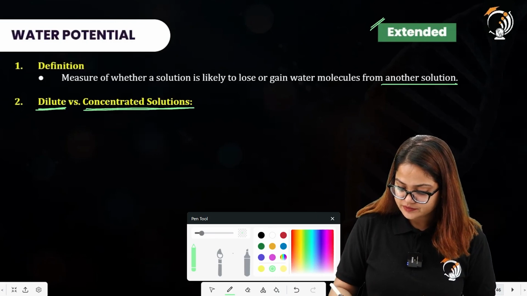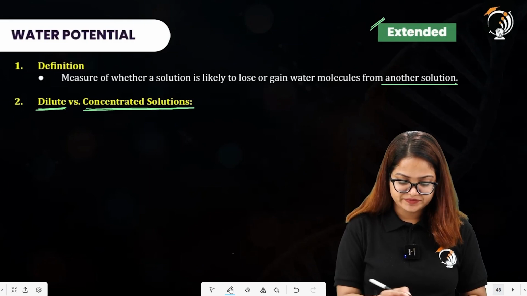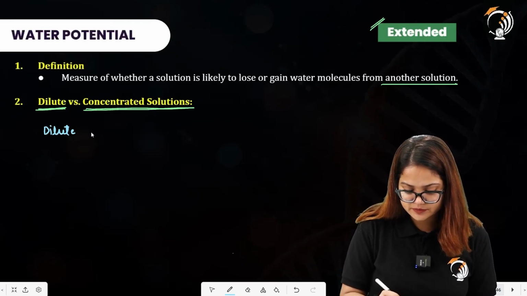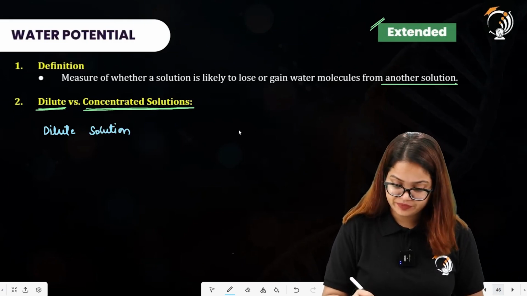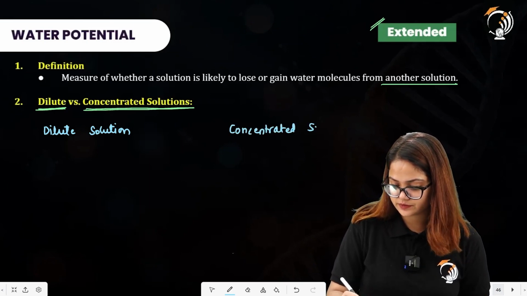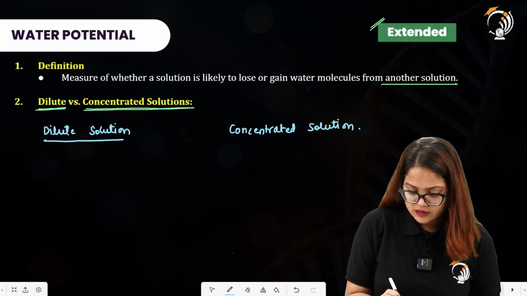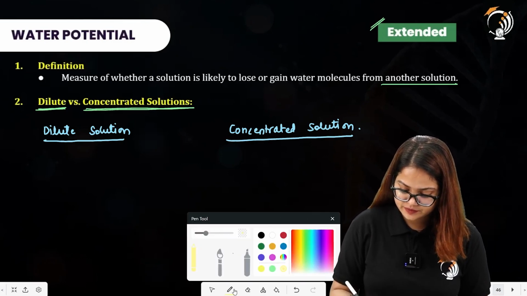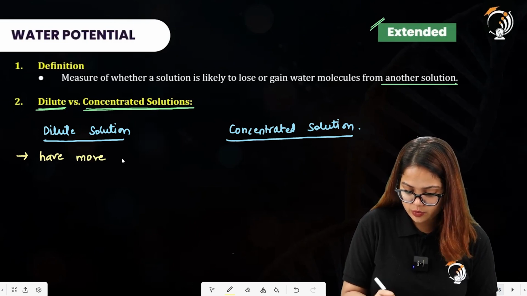So let us write the statement for this. All right, so dilute solution here and on the other hand we have concentrated solution. All right. The dilute solution has more water molecules.